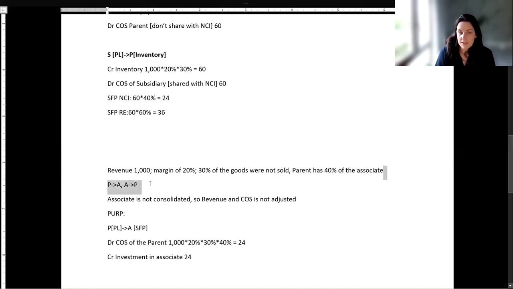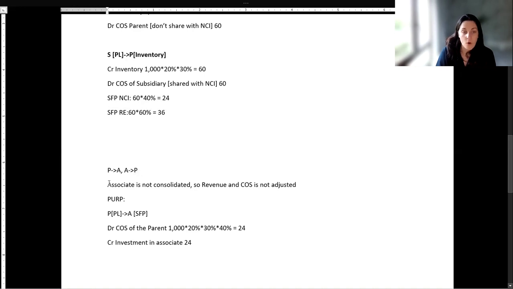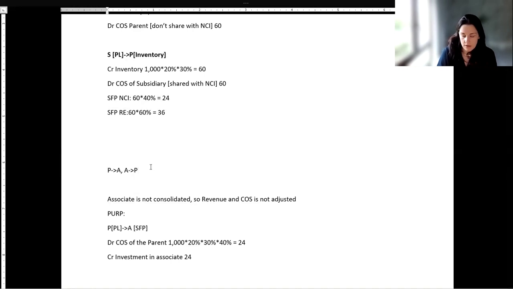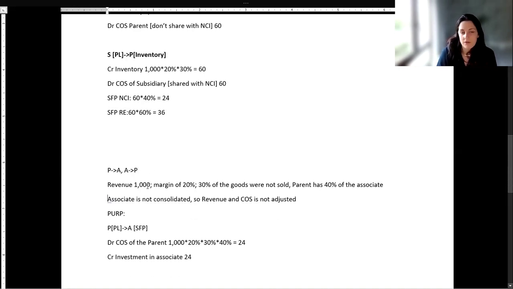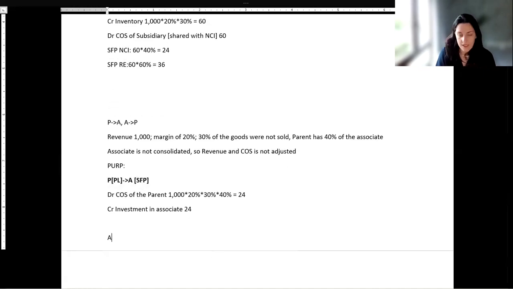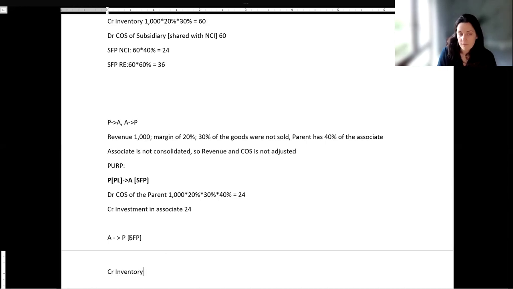Okay, so this is when the direction is from parent to associate. But what would be if the direction is the opposite? What if it is an associate that sells to a parent? Oh, not that hard at all. So if an associate sells to parent, then parent is going to record inventory. So they are going to adjust statement of financial position, so credit inventory.